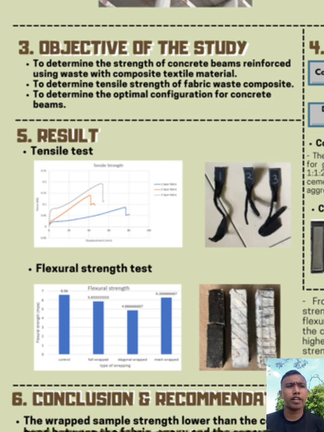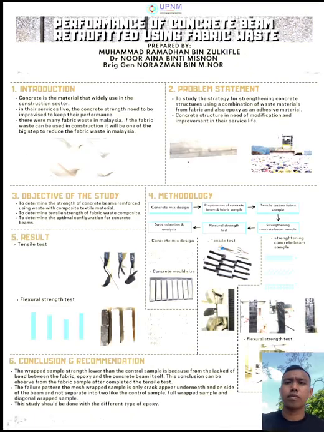We can observe that the control sample has the highest flexural strength among the samples. We can also observe that the mesh wrapping sample has the highest value if we compare it to the full wrapping and diagonal wrap samples.